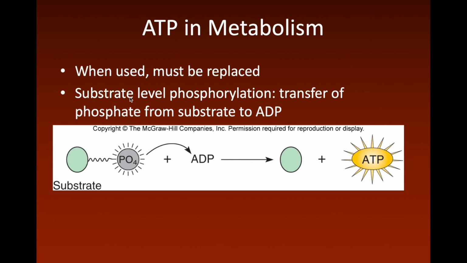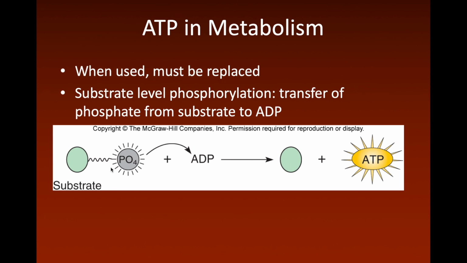The first is the easiest to understand, where a substrate that has a phosphate group on it donates that phosphate group to ADP to make ATP. And this is called substrate level phosphorylation, right? So substrate has a phosphate, it donates it to ADP to make ATP and a dephosphorylated substrate.